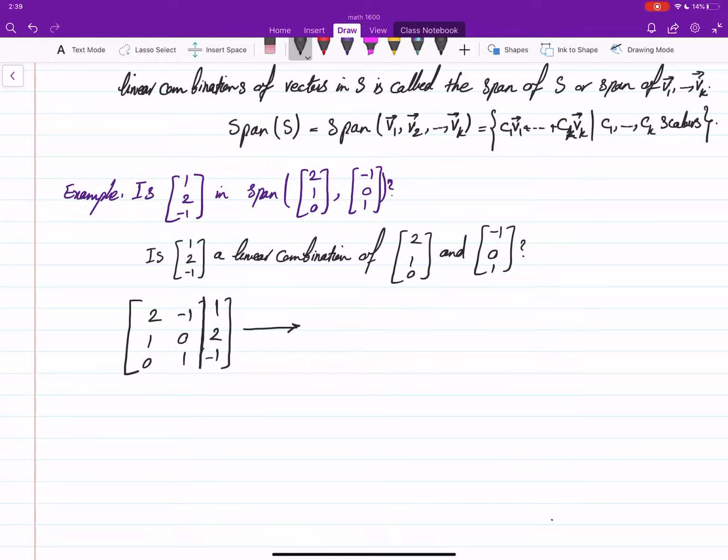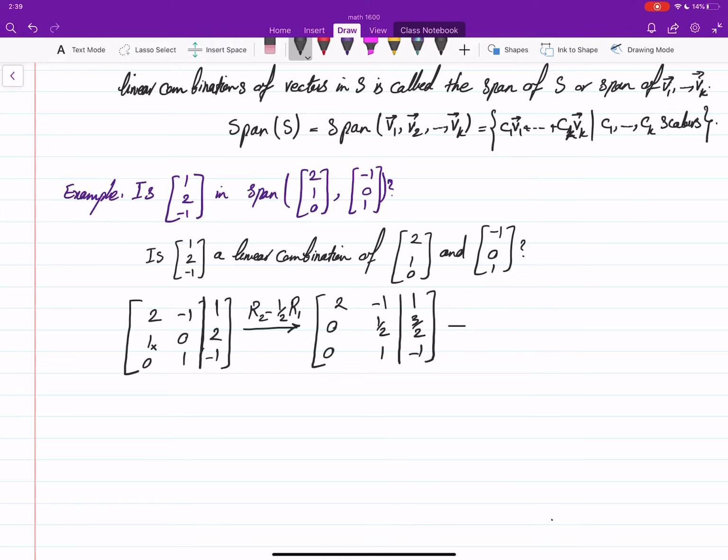I can make this 0 by multiplying the first row by 1/2 and subtracting it from row 2. So this will be 0, this will be 1/2, and this will be 2 minus 1/2, which is 3/2. Everything else stays the same.